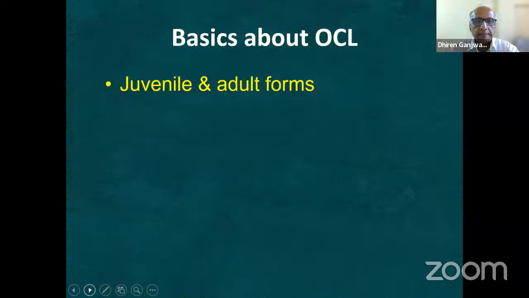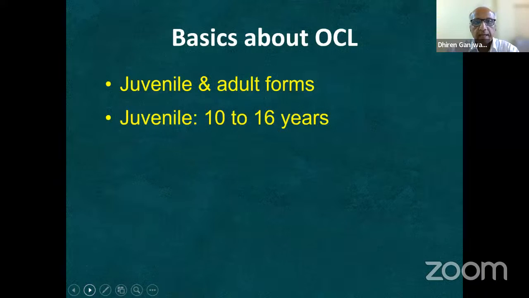There are two varieties. The first variety is seen in children. We call it the juvenile variety. And then there is an adult form also, which we see in a person who is around 30 to 50. Today we are going to focus mainly on the juvenile variety, which is seen between 10 to 16 years of age.